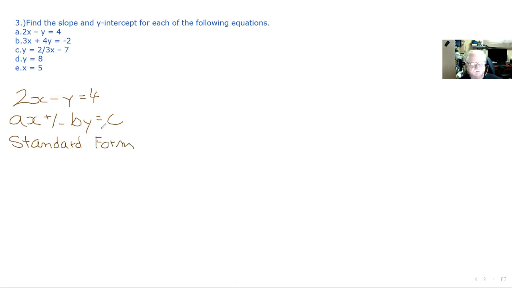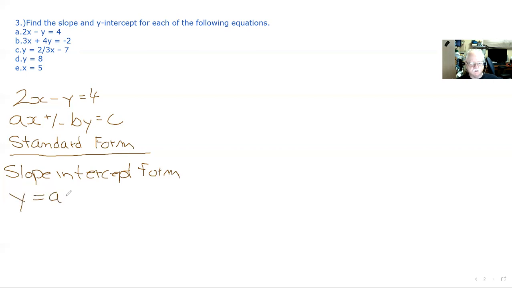And we'll use this standard form for various things, but in this case, what we want is something called the slope-intercept form. And this form of the equation looks like this: y equals ax plus b, or these can be reversed.